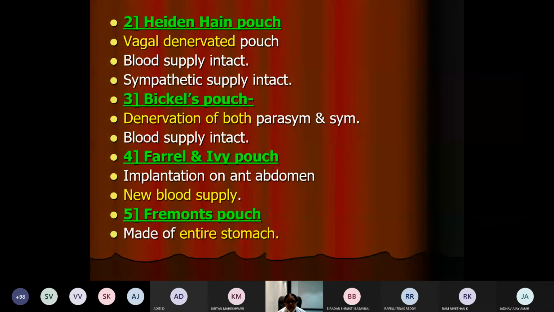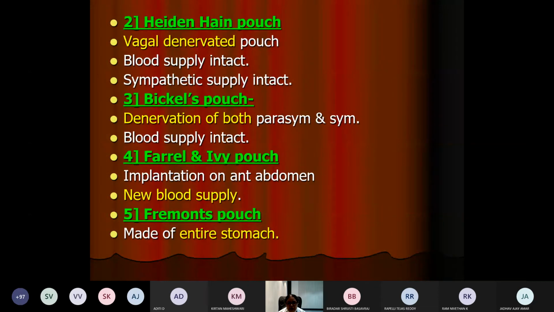Then we will come to the Heidenhain pouch. Here it is a vagal denervated pouch. Blood supply intact, sympathetic supply intact. Next is Pavlov's pouch: denervation of both parasympathetic and sympathetic nerves, blood supply intact.